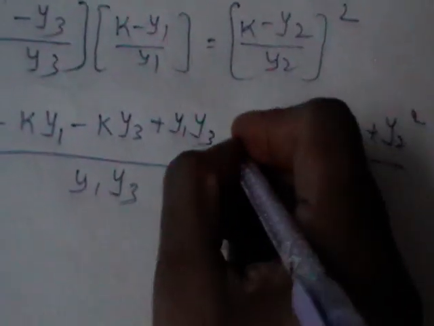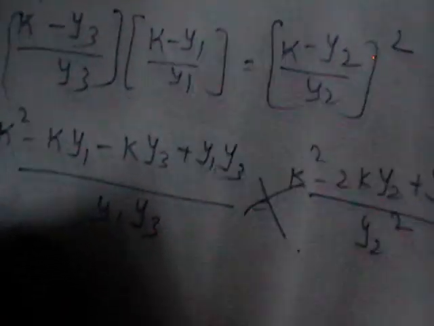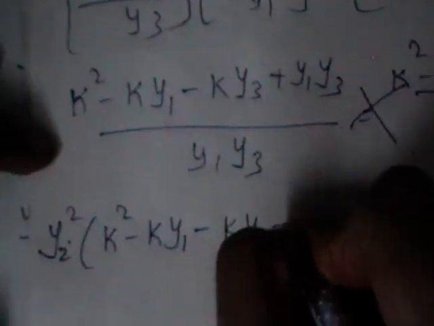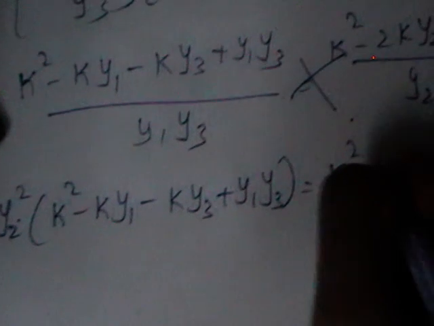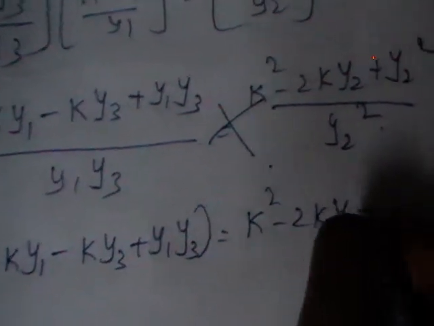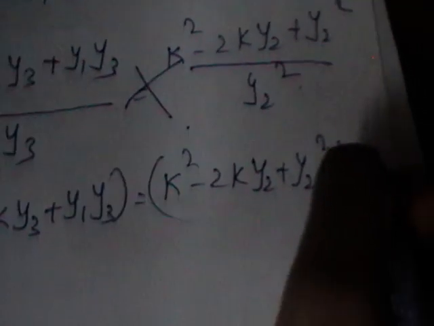So again you cross multiply these two. So you will get y2 square into (k square minus k y1 minus k y3 plus y1 y3) is equal to (k square minus 2k y2 plus y2 square) into y1 y3.